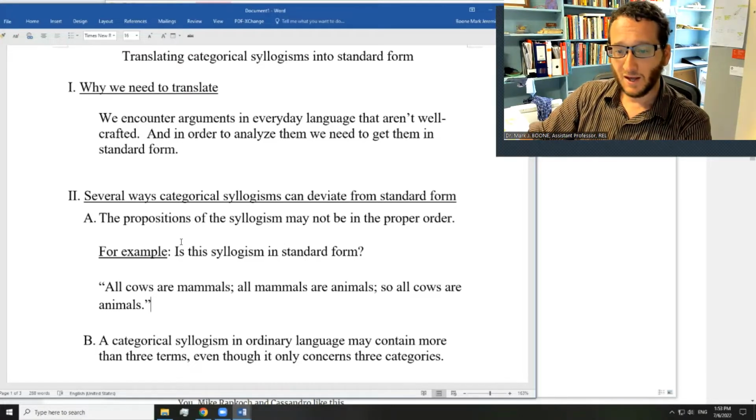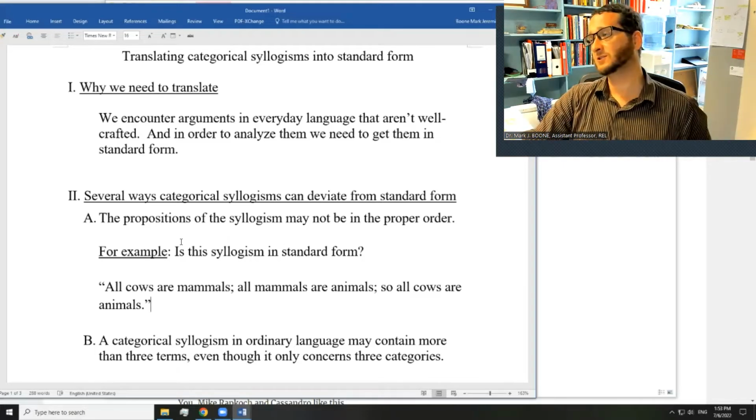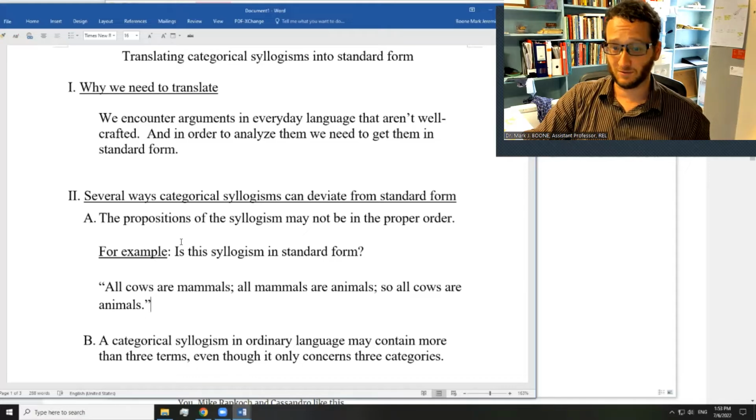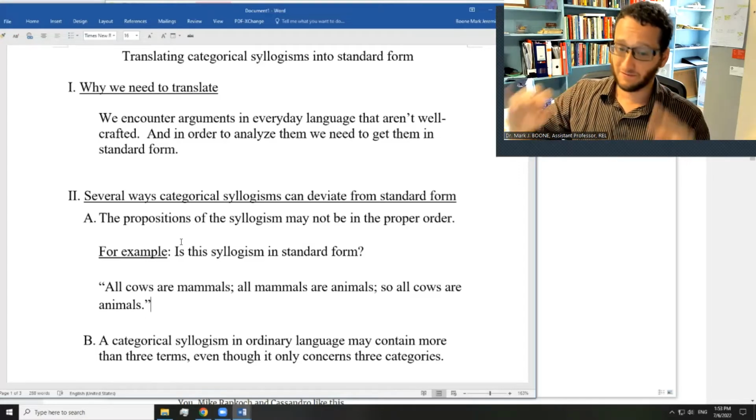Put arguments into a structure that fits a very narrow set of criteria. I like that phrasing. And that will allow us to use a smaller number of methods with fewer steps, testing arguments for validity, because all we have to do is look at the smaller number of possible patterns that fit those criteria.